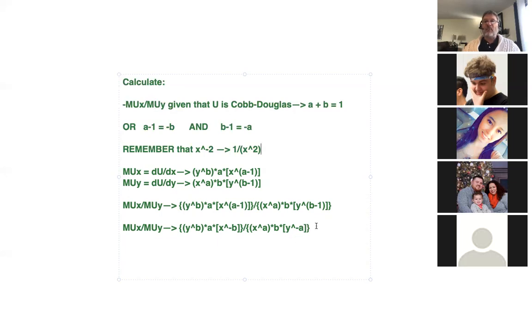So now we can go ahead and rearrange things. And so see if this makes sense. So I could put 1 over x raised to the b power there.